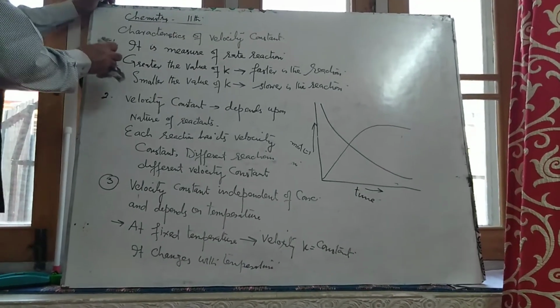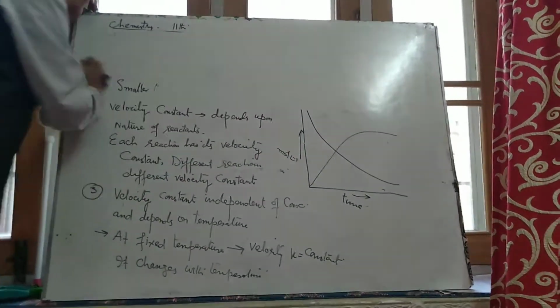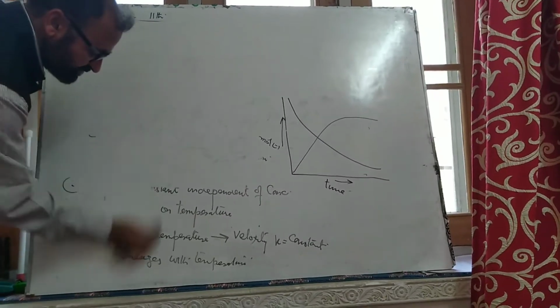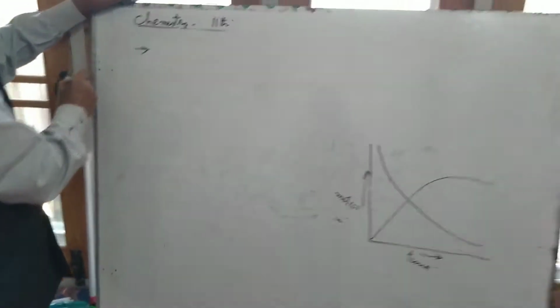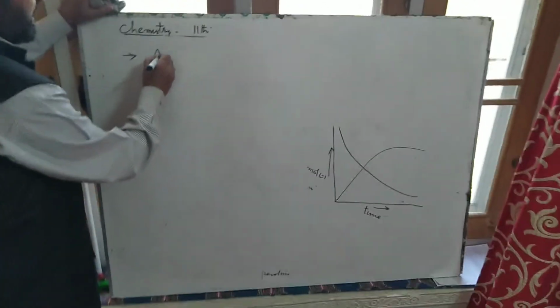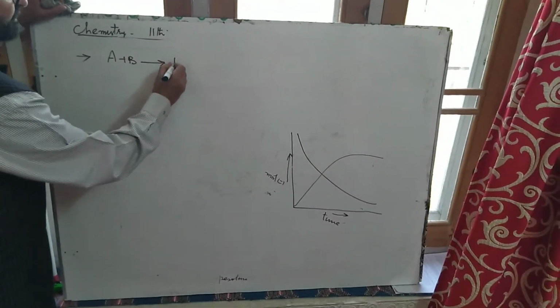Now we will discuss what the velocity constant is, and how we can define it. I will write the equation here again. I have written the general term A plus B gives products.